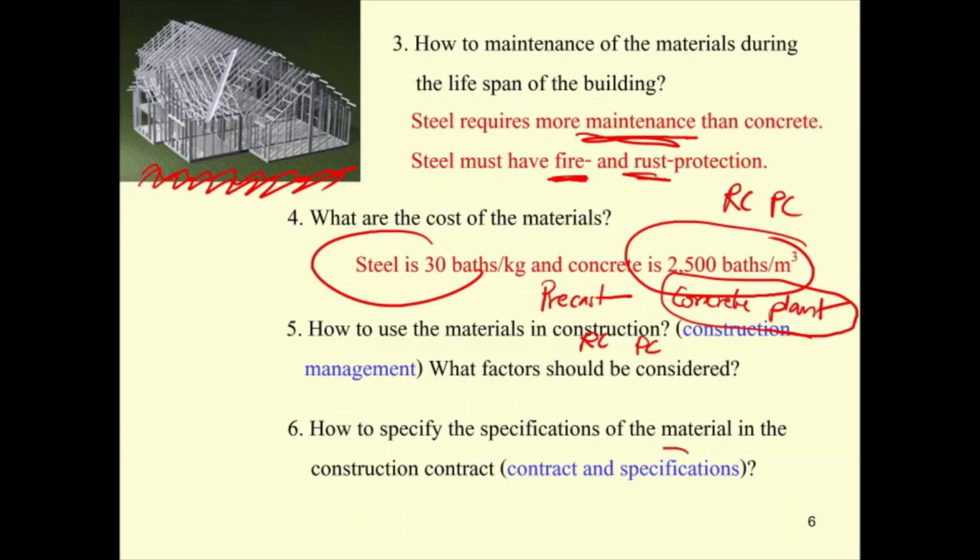This is the first thing you have to study for each material, and then put it into the contract. So when people bid for the construction of that structure, the contractor must follow this contract, and must follow the specification that you as the engineer wrote.